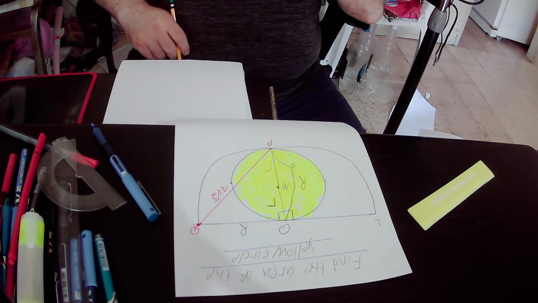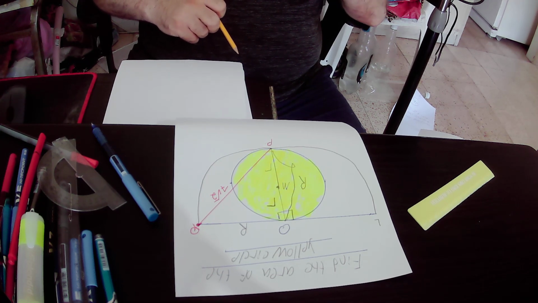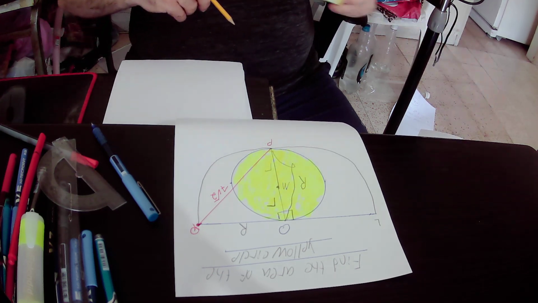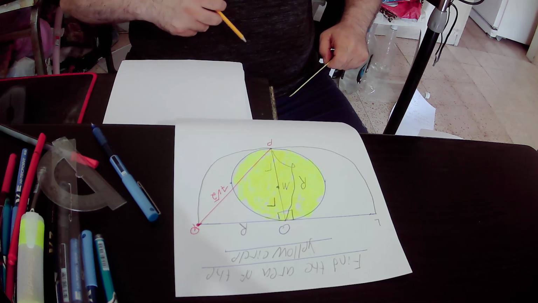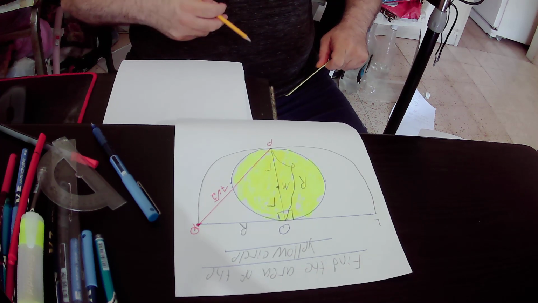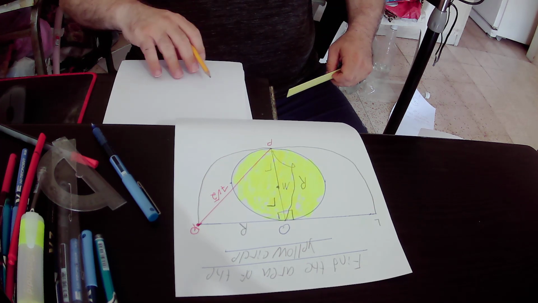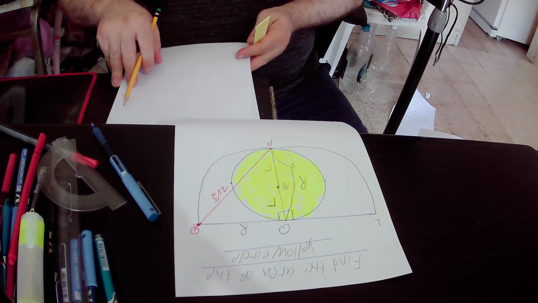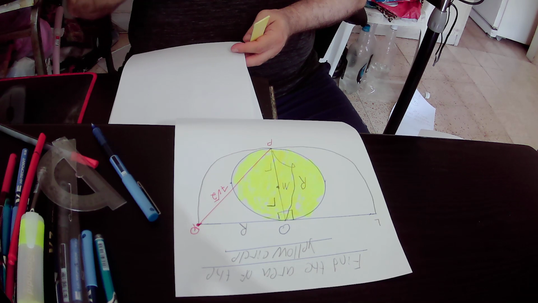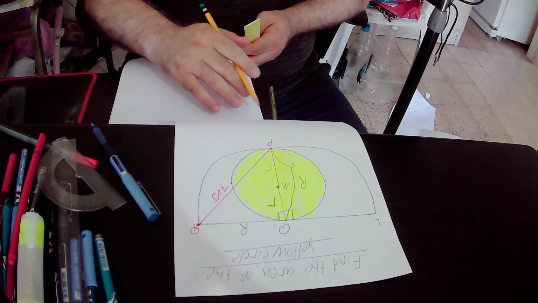So I will draw again the right triangle POQ, and we will use the Pythagorean theorem in order to find out the value of capital R. Okay, first of all, I will draw the right triangle POQ.